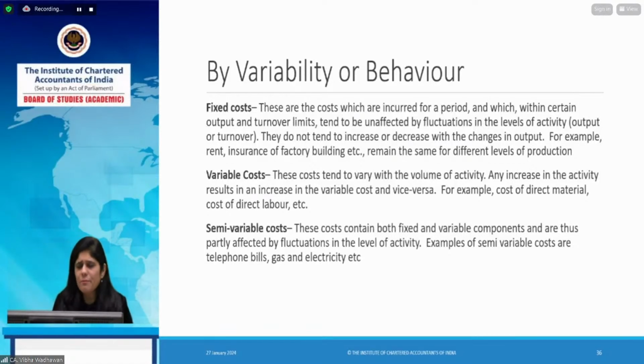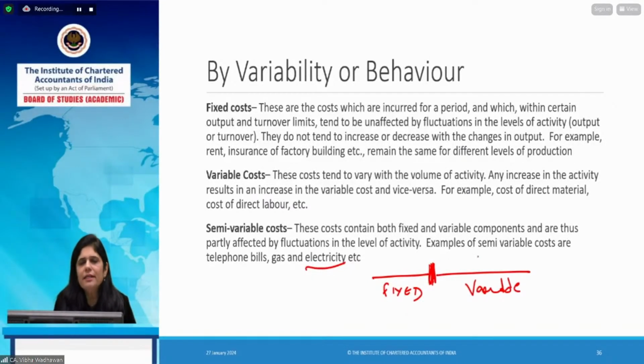One of the best examples of semi-variable is electricity. Till a certain connection level, the bill will be fixed, and after that it will be variable depending upon the consumption of electricity. Let us say 1000 will be fixed till 200 units of consumption.